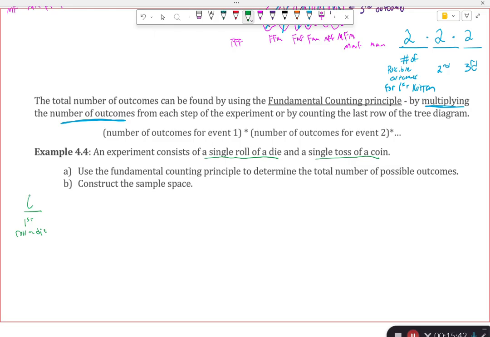So there are 6 possible outcomes for rolling a die. The second part of the experiment says to toss a coin. Well, if we toss a coin, there are 2 possible outcomes, heads or tails. So that means that there are a total of 12 possible outcomes.